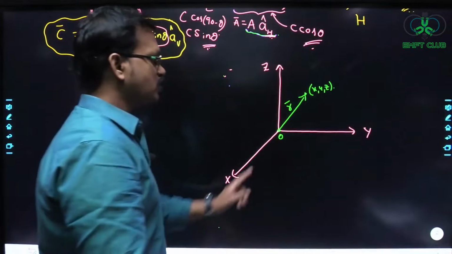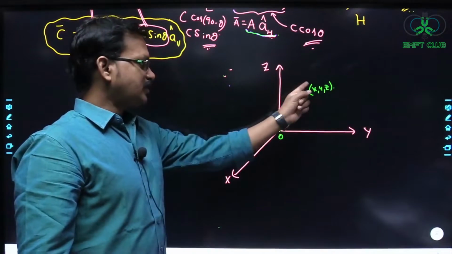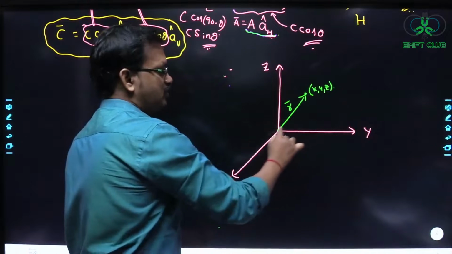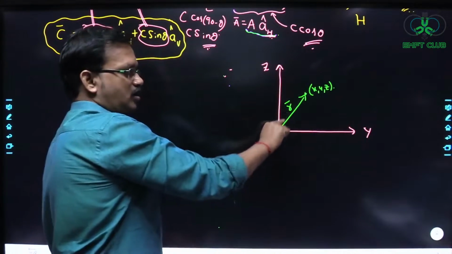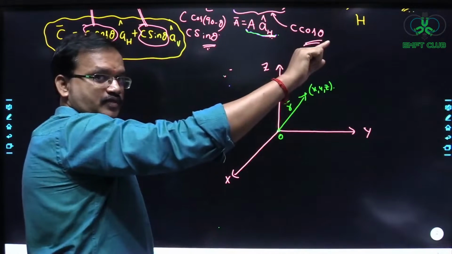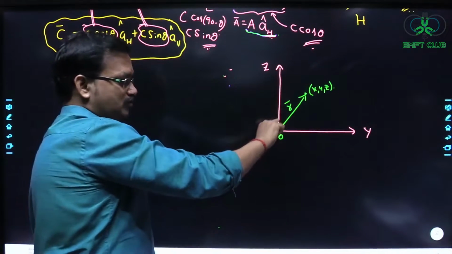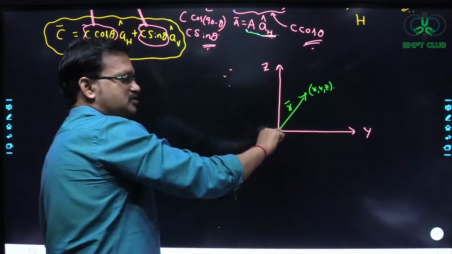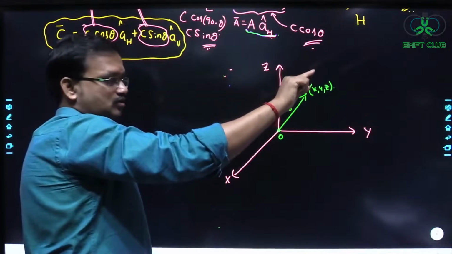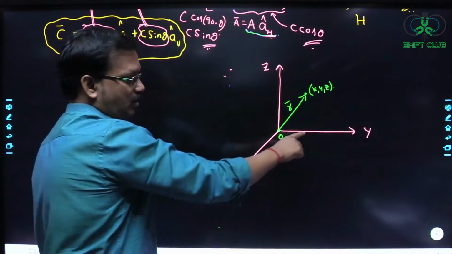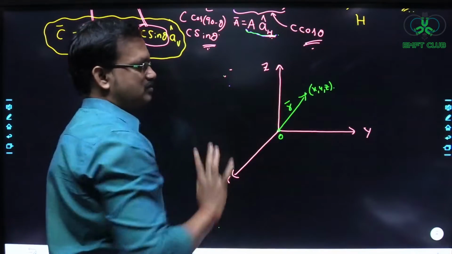So this vector r bar is neither along x nor along y nor along z. I cannot draw the vector in the air, so just assume this vector is present like this.